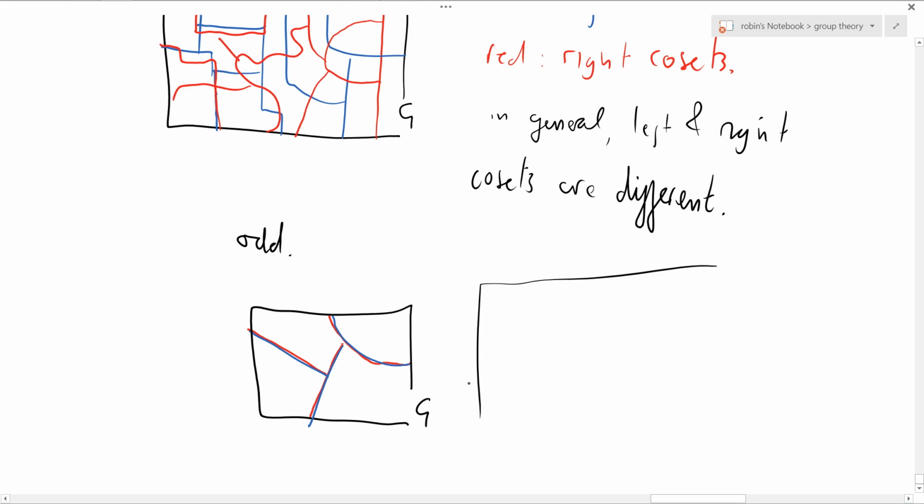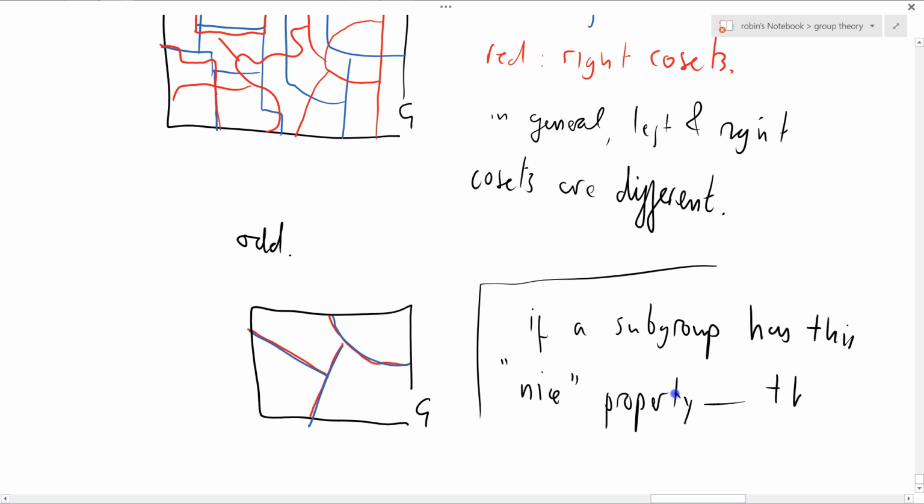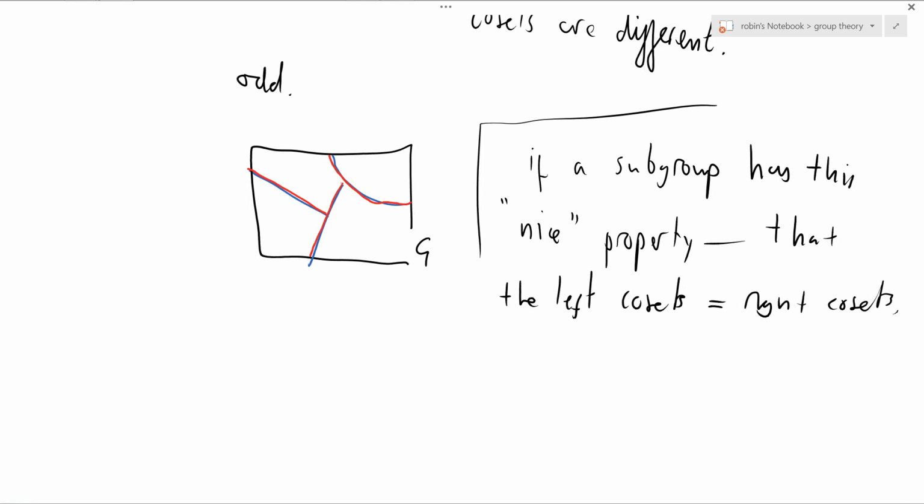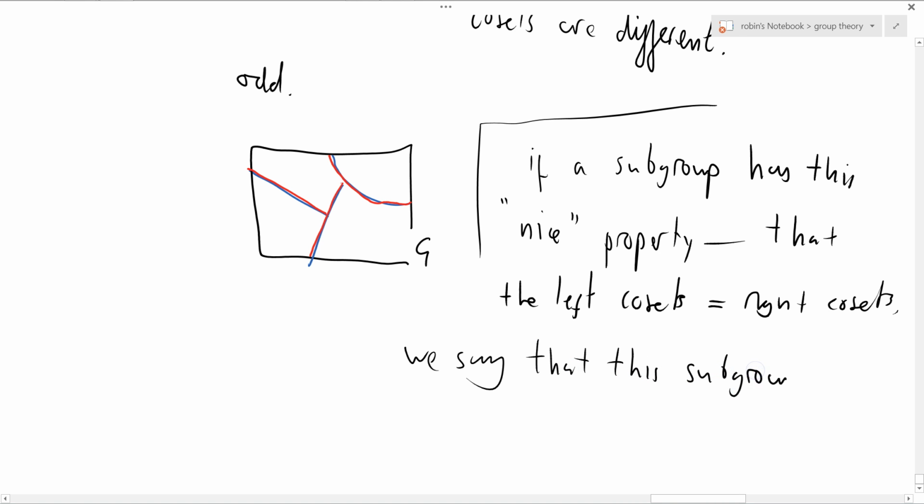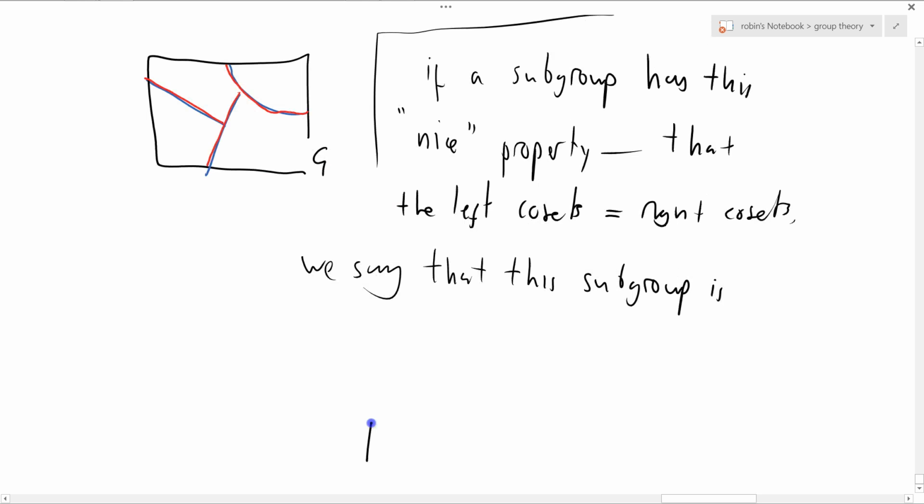It's so nice when this happens that you say if a subgroup has this nice property, put nice in scare quotes, property, specifically that the left cosets equal the right cosets, we say that this subgroup is normal.